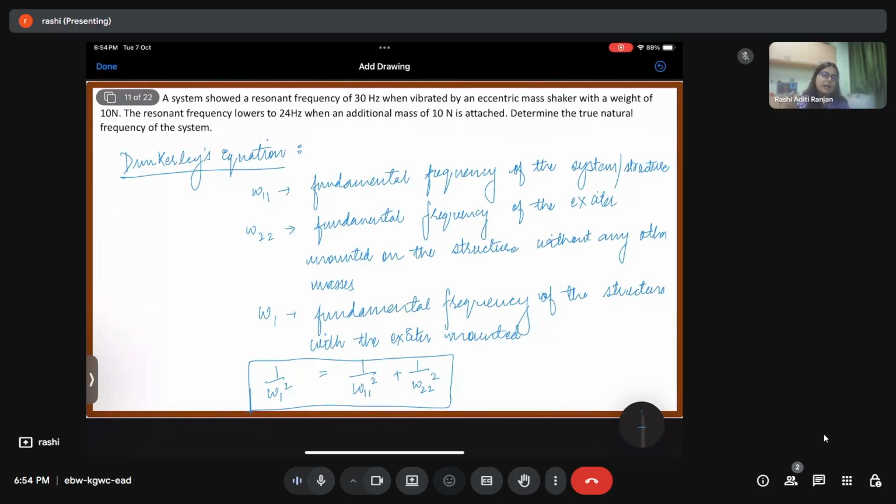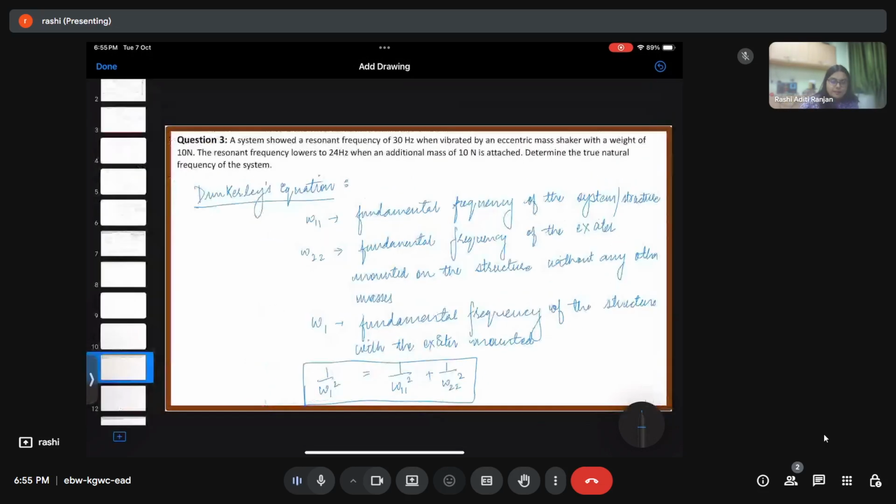First, when we apply the exciter on the structure, we vary the frequency, find the peak, and that gives the fundamental frequency of the structure plus exciter system. Then we evaluate the fundamental frequency for the exciter, and use this equation to find the fundamental frequency of the structure alone. I hope this is clear. So this is the basic theory.